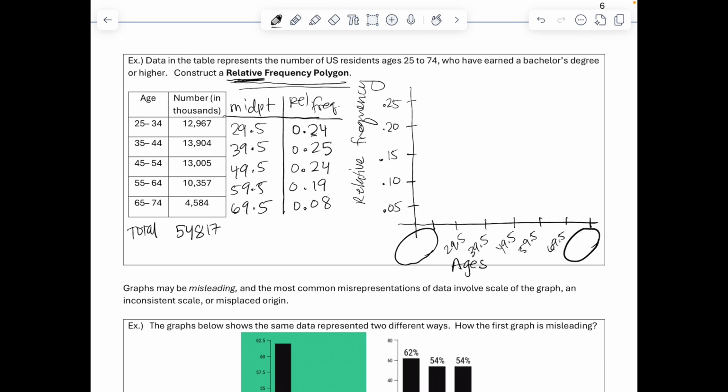And so with this, graphing our points, with a midpoint of 29.5, we have 0.24. 39.5, we have 0.25. Connecting those 2 points with a straight line. 49.5, we get 0.24 again, and connecting with another straight line. And then we have, for the next midpoint, 0.19.